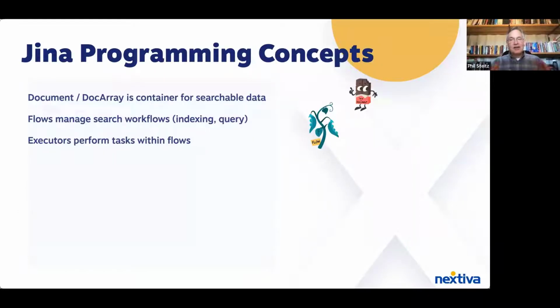So I'm going to say a little bit about the Jina programming concepts, and just give a little example. At the top level, Jina has the abstraction of a document, which you can view as a container for searchable data which has been pre-processed. So imagine you've done the pre-processing and the chunking, and now you've got the stuff that you're going to pass on to an encoder and then index and then search.